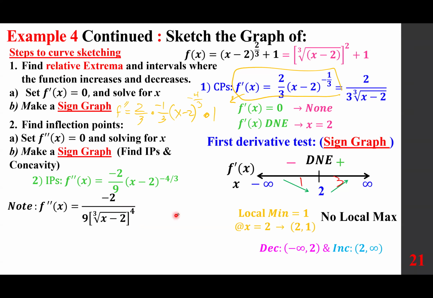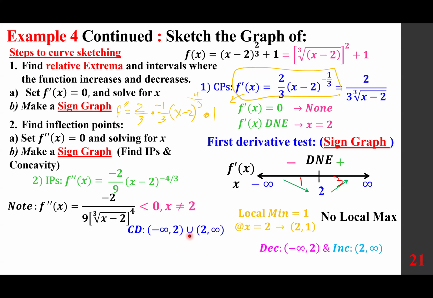Negative makes this expression always negative. So this expression, because of negative 2, is always negative, except at x equals 2, which means it's always concave down. Do you write it as negative to positive infinity? No. Why not? Because of that. You do write it's concave down from negative infinity to 2 union 2 to infinity.